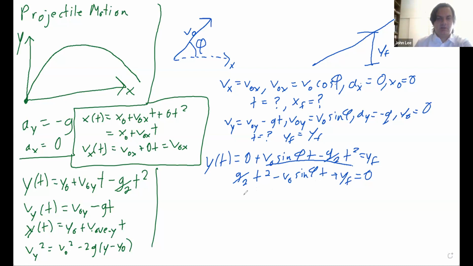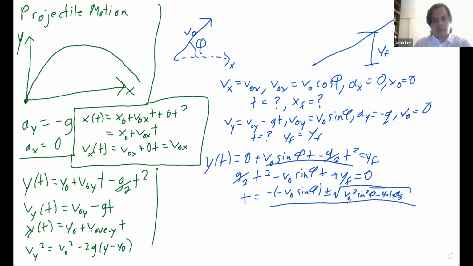So in order to solve for t, we use the Pythagorean theorem. t equals negative v naught sine phi plus or minus the square root of v naught squared sine squared phi plus, minus 4 times 1 times g over 2, all over 2 times g over 2.